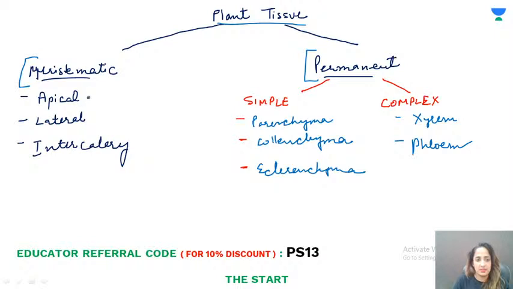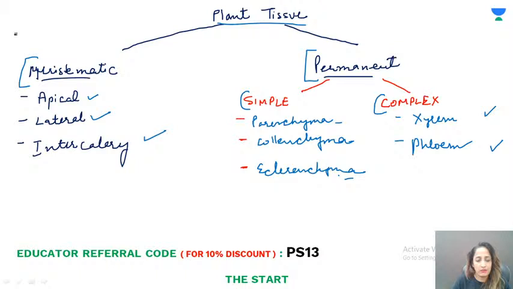Under meristematic: apical, lateral, intercalary. Then under permanent you have simple and complex. Under simple you have parenchyma, collenchyma, sclerenchyma, and under complex you have xylem and phloem. Okay, so this is quickly all about the different plant tissue types that we will discuss in this video.